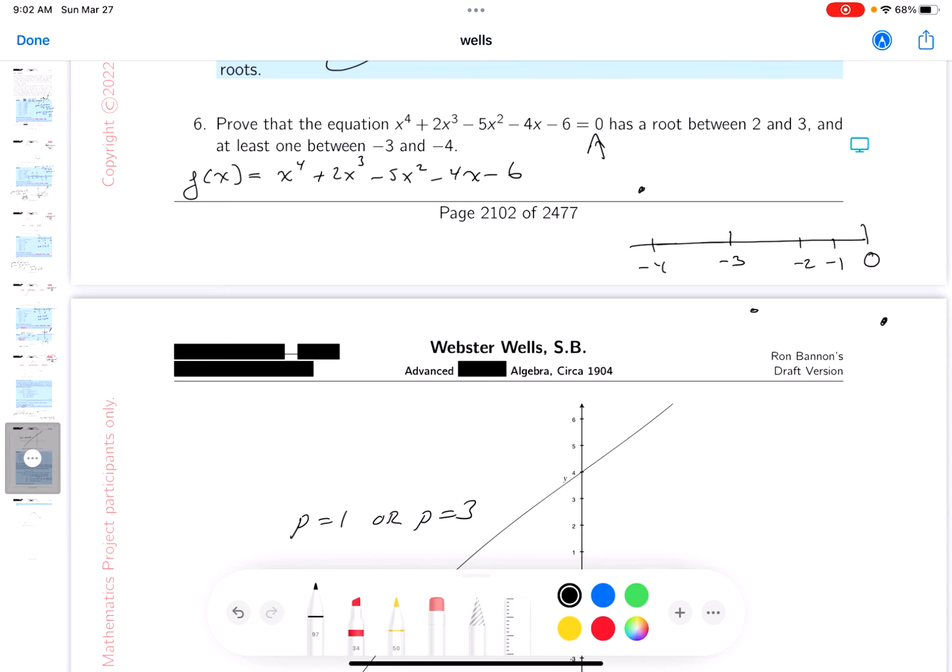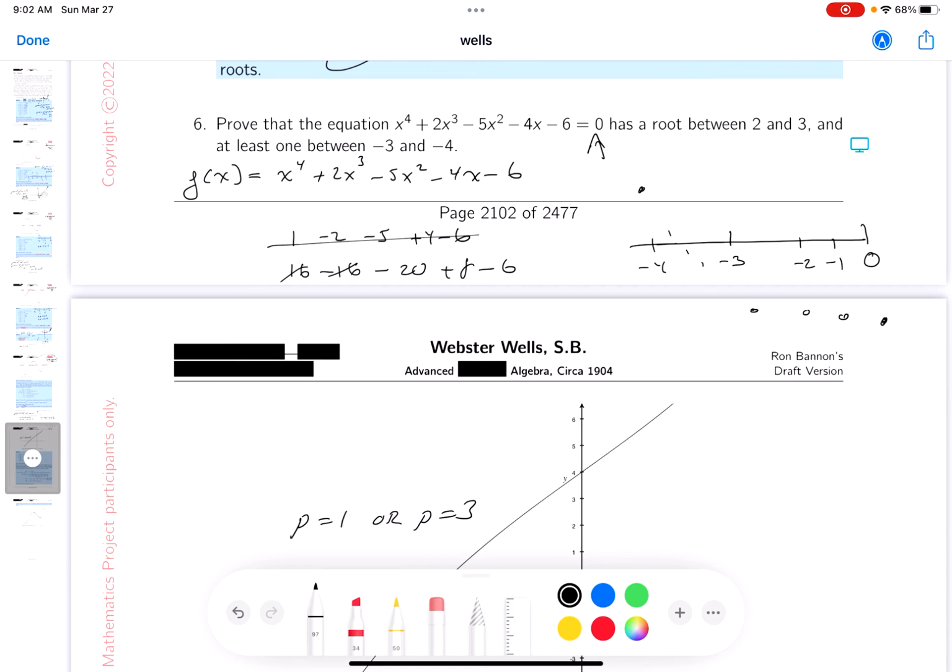What do you get? 1 minus 2 minus 5 plus 4 minus 6. Clearly negative. How about at minus 2? 16 minus 16 minus 20 plus 8 minus 6. Clearly negative. All right? What do I know?